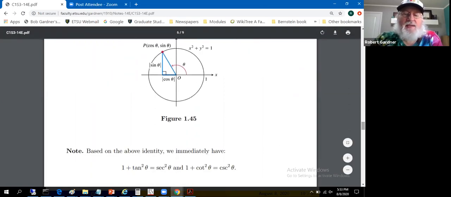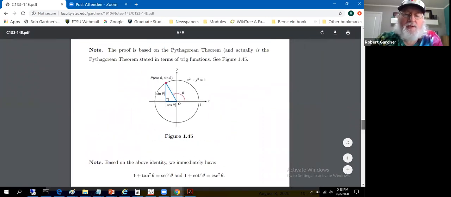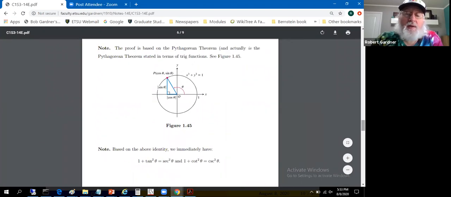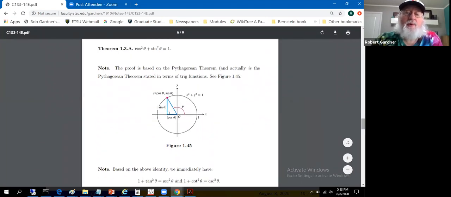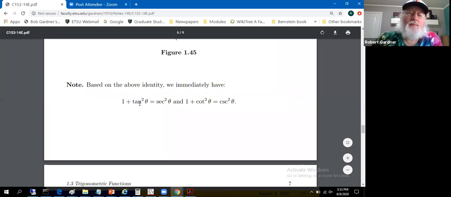From that identity, let me shrink it a little bit so I can see these all at once. From the Pythagorean theorem, cosine squared plus sine squared equals 1, we could divide through by cosine squared. Divide both sides by cosine squared, or divide both sides by sine squared. And that would produce, at the bottom of the slide, these other identities. 1 plus tangent squared equals secant squared, and 1 plus cotangent squared equals cosecant squared.